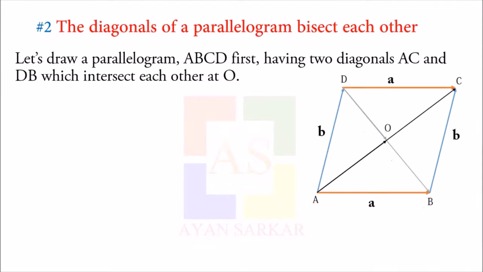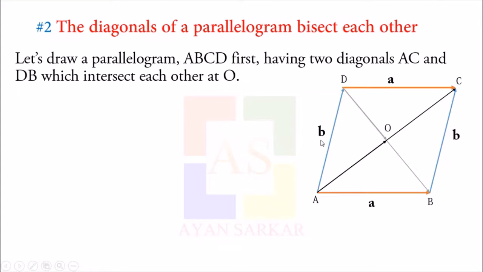First of all, let's draw a parallelogram ABCD having diagonals AC and DB, which intersect with each other at point O. Now we have represented AB as a vector, and so DC is also a vector.